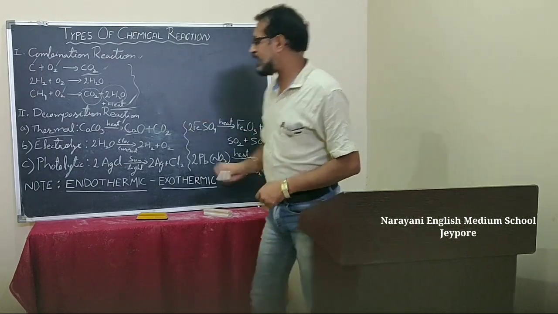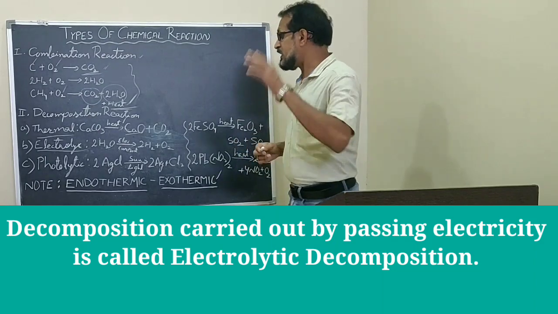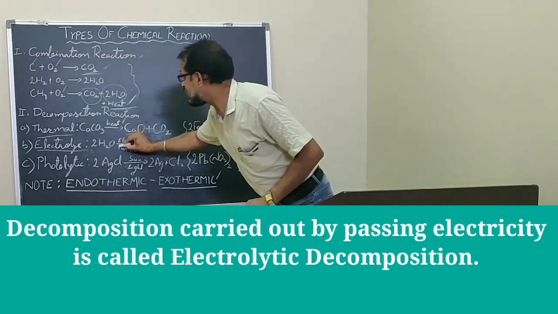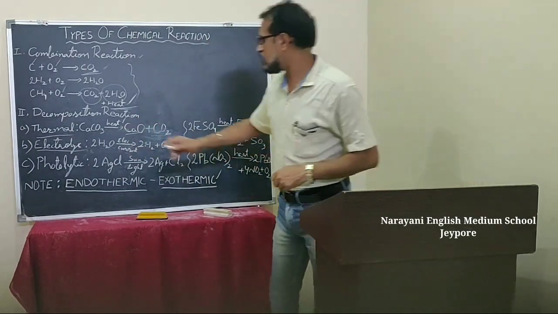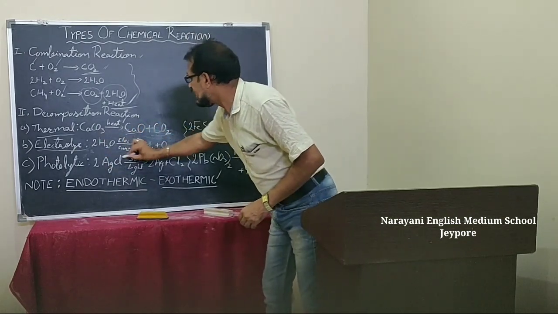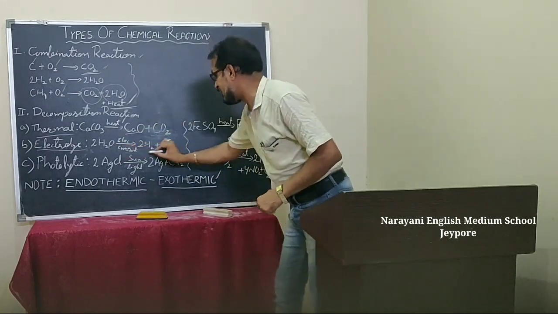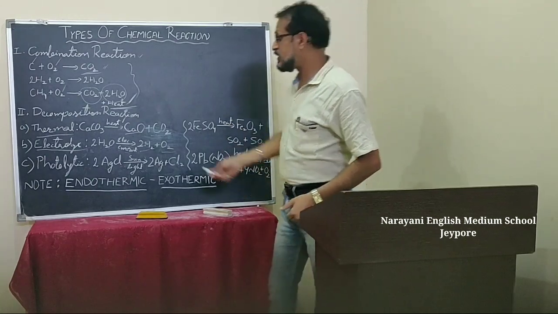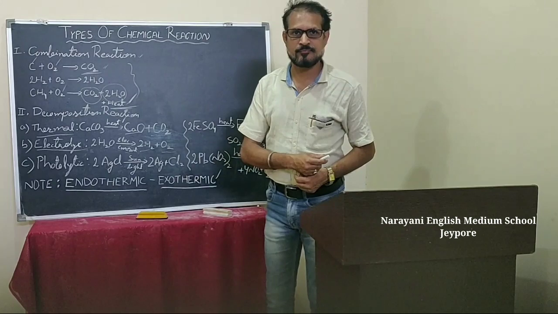Similarly, let's take another one, electrolytic, in which we require electric current for the reaction. Here H2O, the water molecule, is provided with electric current. When we pass electric current through water, it is divided into two products, hydrogen and oxygen. As electric current is required, it is known as electrolytic.